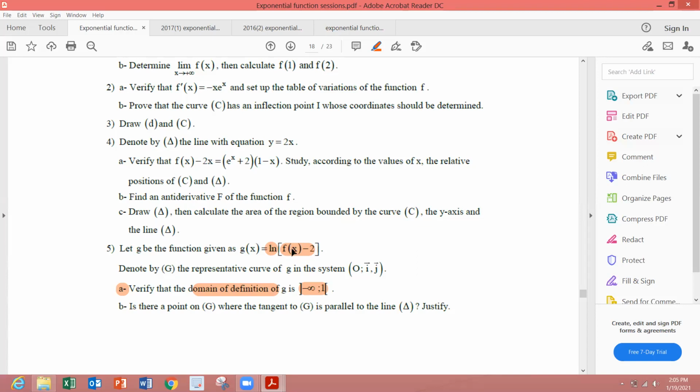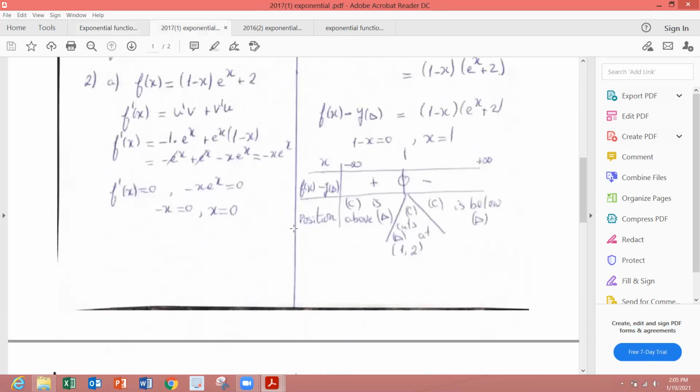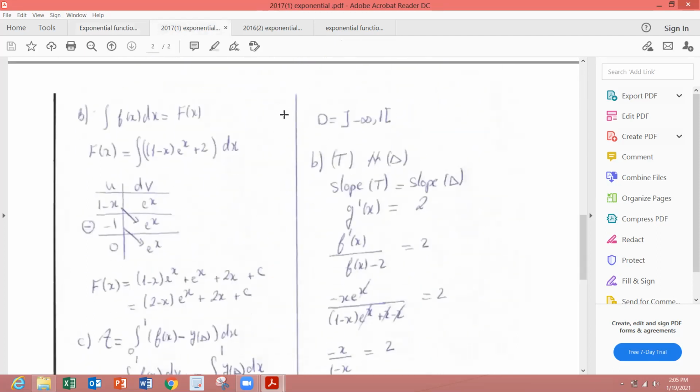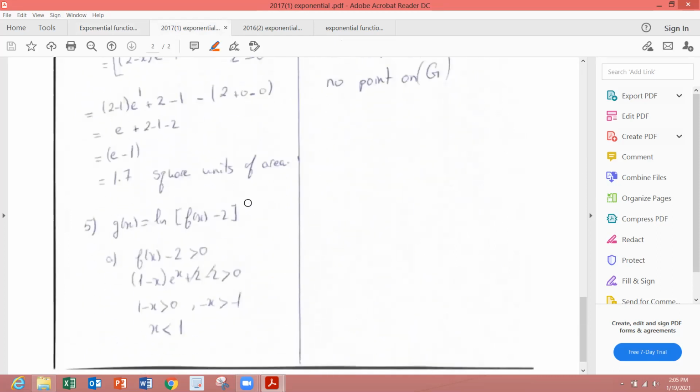Everything inside ln should be positive. What is inside ln? f(x) minus 2. So f(x) minus 2 should be positive.